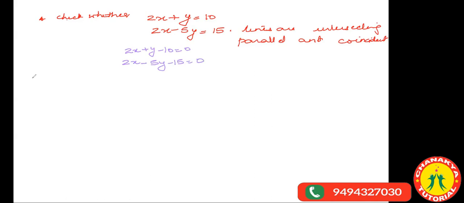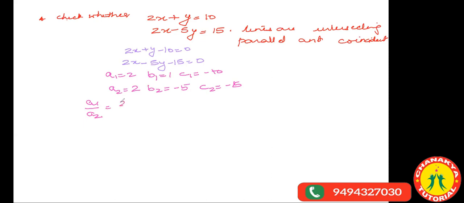A1 is equal to 2, B1 is 1 and C1 is minus 10. Then A2 is 2, B2 is minus 5 and C2 is minus 15.